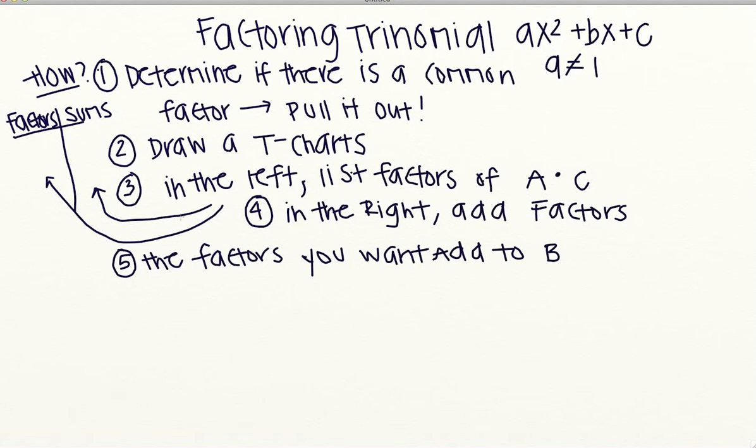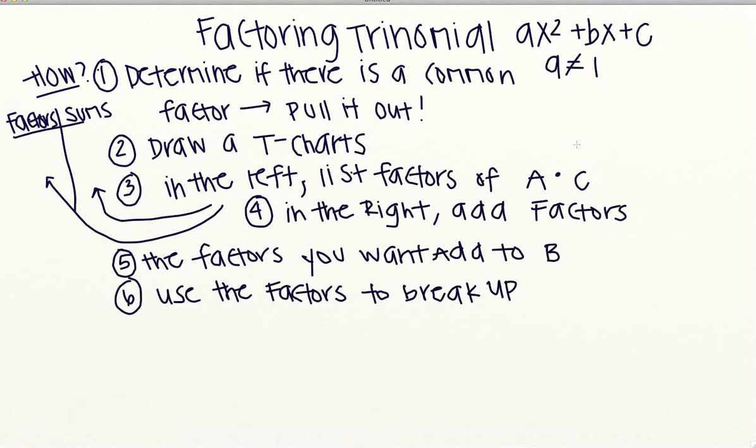Okay, so how do we use the two factors that we found? What you're going to do, and this is step number 6, is use the factors to break up your middle term, which is this term here.